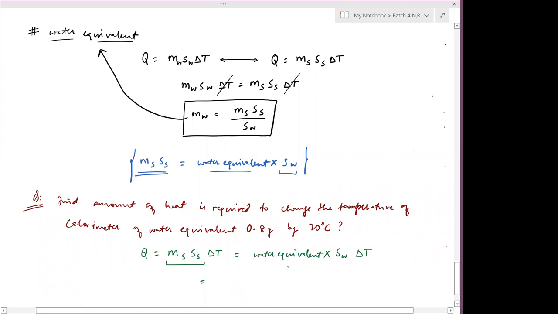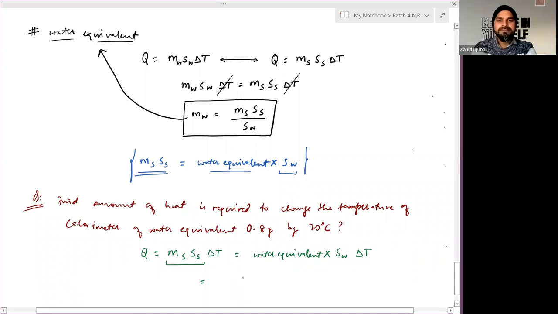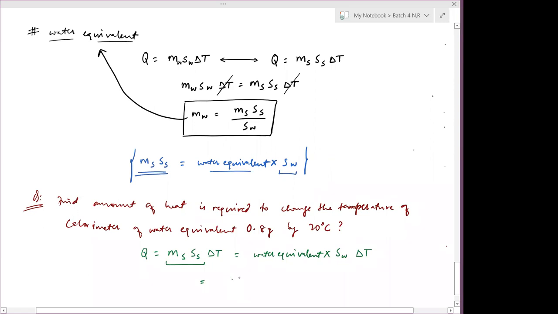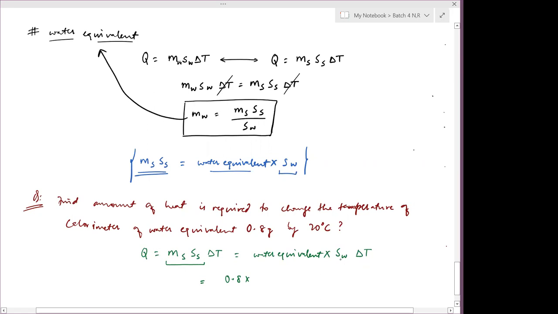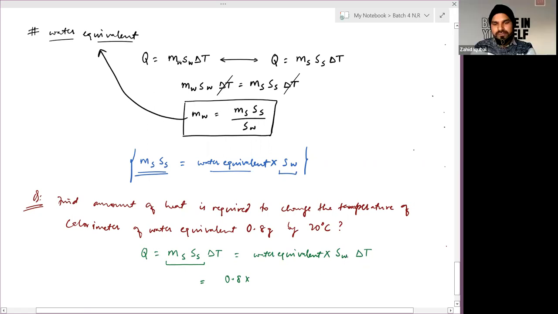Just tell me the value of water equivalent given in this question. 0.8 grams. Value of specific heat capacity of water. 20 degrees Celsius. I'm asking about the value of specific heat constant. That is S. Raza? 1.